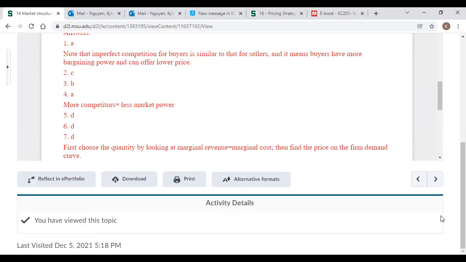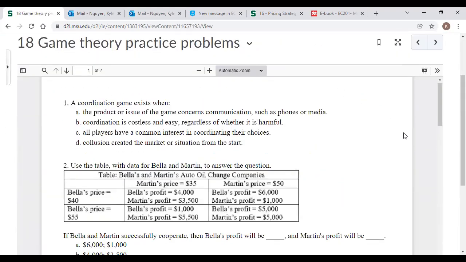Okay, we'll move on to game theory, then we can wrap this up. A coordination game exists when, well, I guess I should describe what a coordination game is.